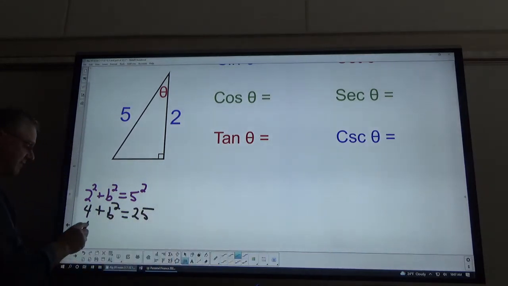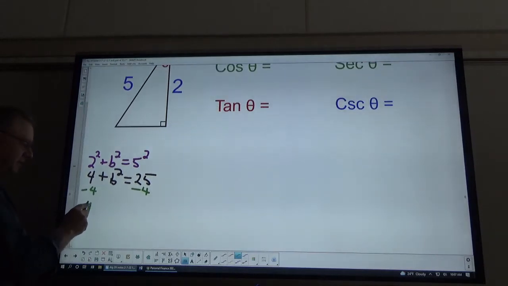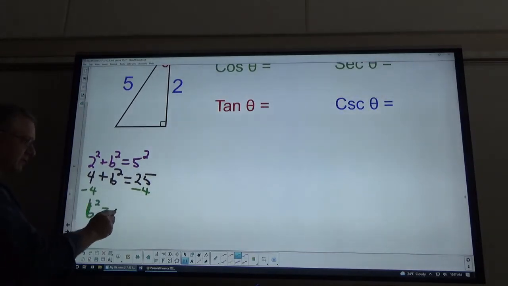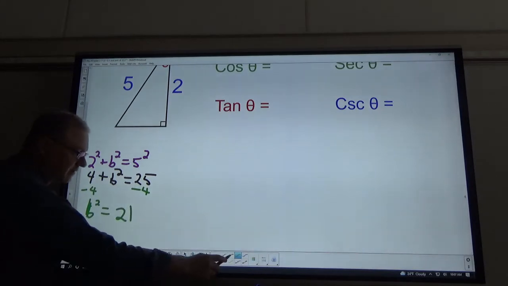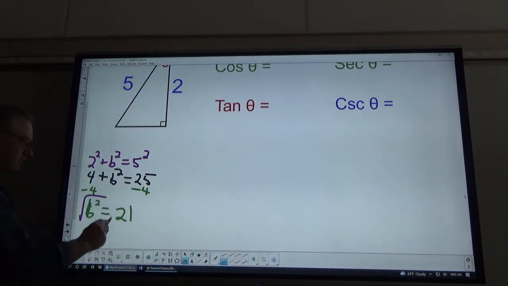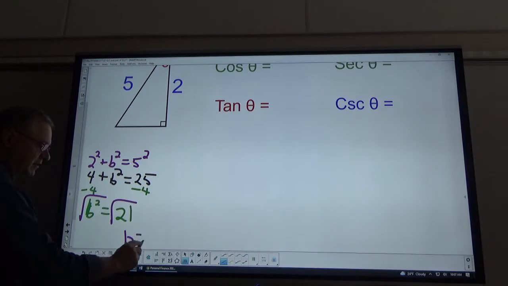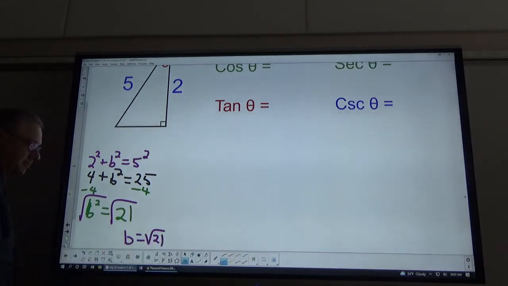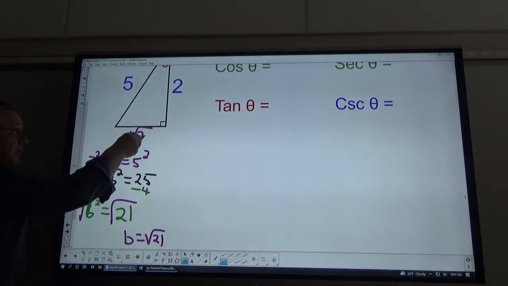I subtract 4 from both sides. B squared equals 21. Then I'm going to square root both sides. B equals square root of 21. Let's fill that in, square root 21.